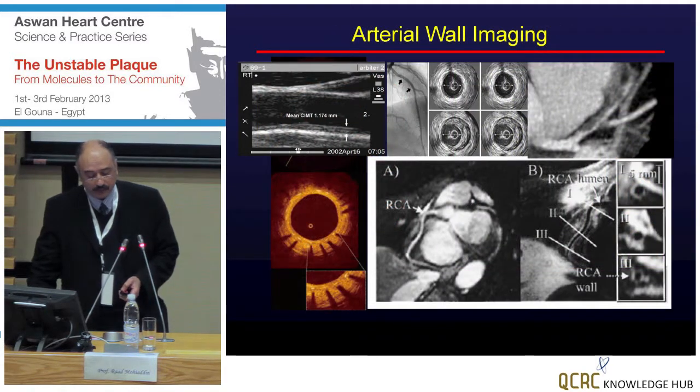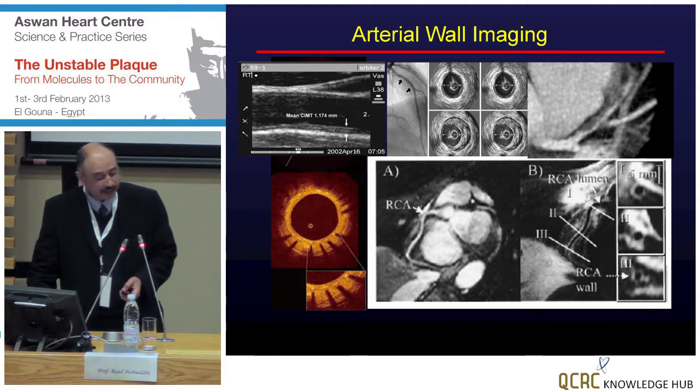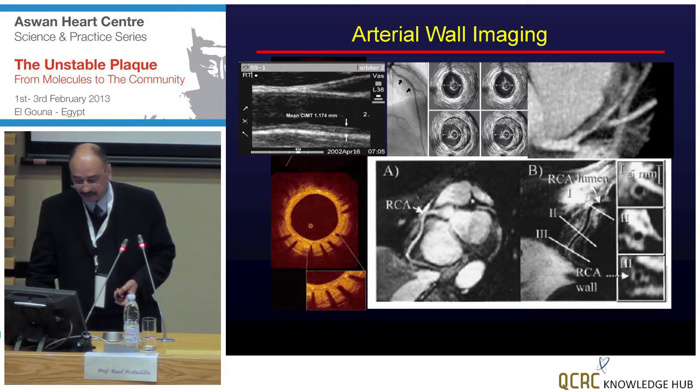We have a number of imaging modalities which we can use for assessment of the arterial wall. Each has advantages and limitations. Echocardiography, the external ultrasound, is non-invasive, cheap, and widely available. We have the CT scan now, at the cost of radiation. You can look at the lumen as well as the arterial wall itself.